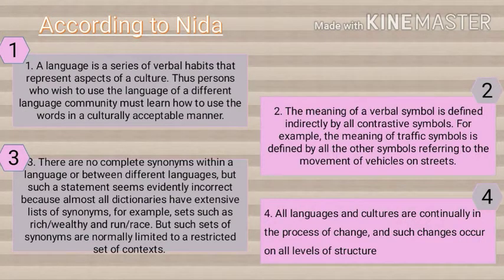For example, such as rich, wealthy, and rent or race. But such sets of synonyms are normally limited to a restricted set of contexts. Fourth, all language and cultures are continually in the process of change, and such change occur on all levels of structure.